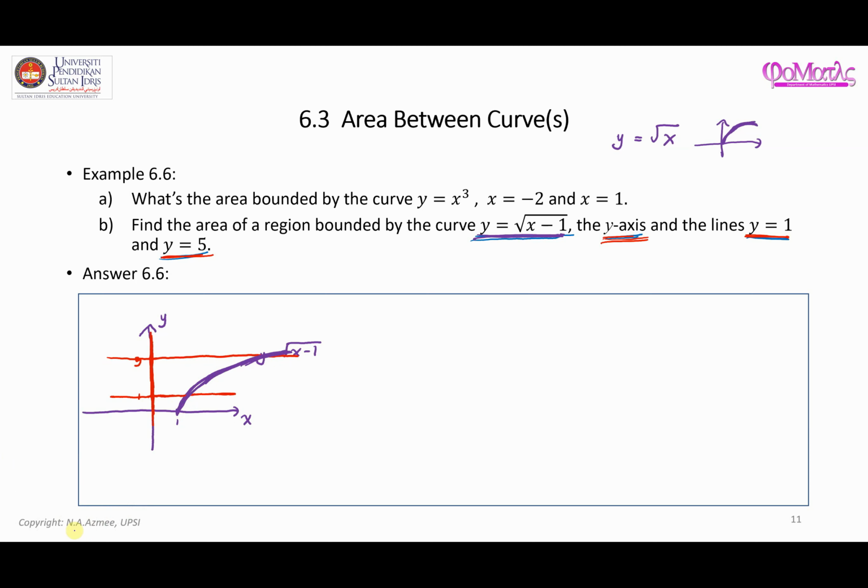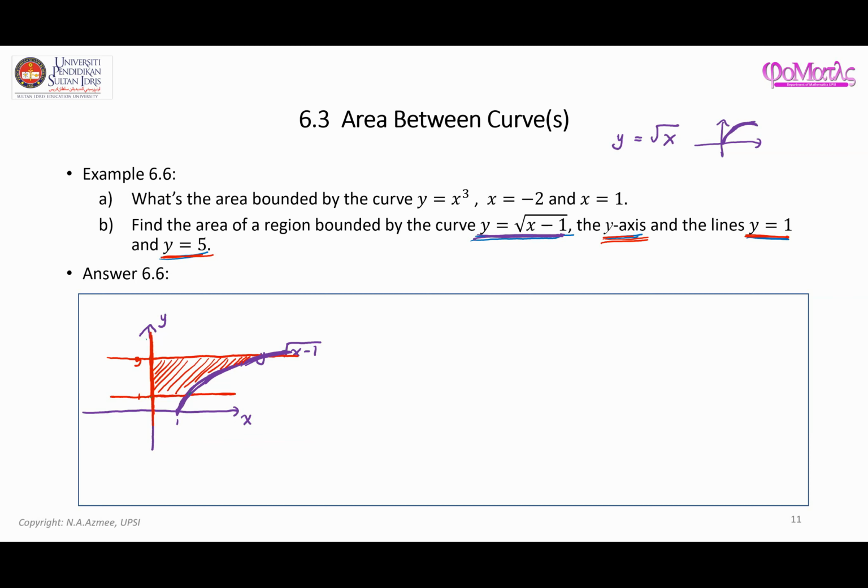This is the curve, and so we are actually looking for the area, which is given by this area here. I hope you can see that it is easier to consider integrating this curve with respect to y, because then we have this boundary clearly defined, y from 1 until y equals to 5.